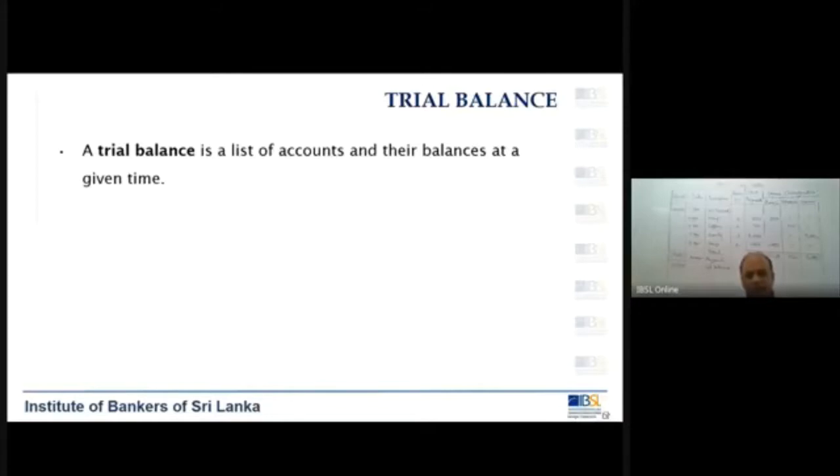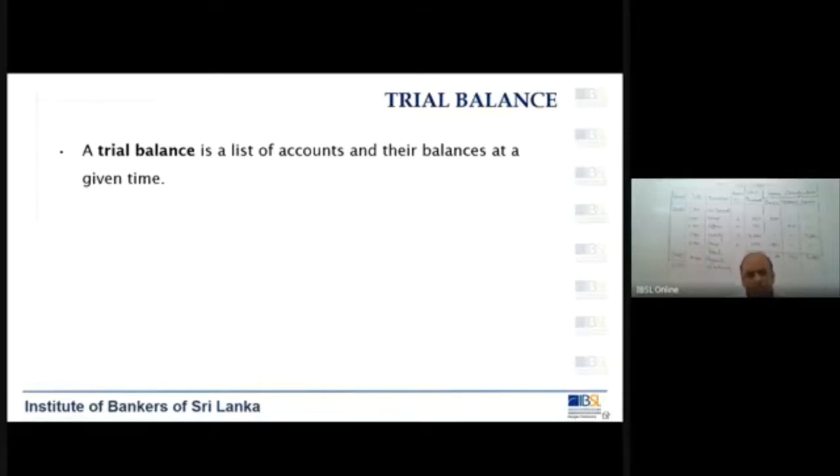So now this list of balances are extracted. Generally, we call it as at a particular time. Even though we say it is at a particular time, how these businesses have developed is they take it at the end of the close of business. Now, all of us know that we are working in banks.